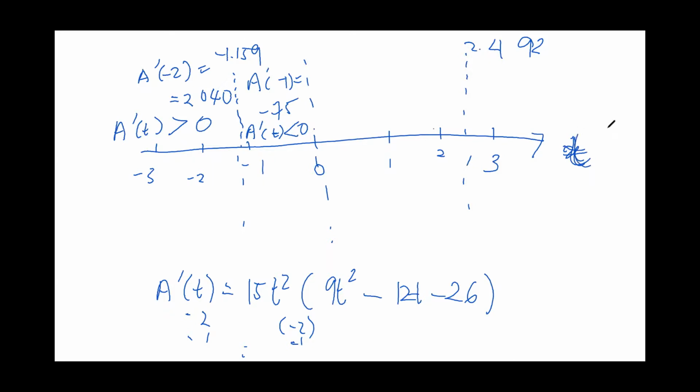Okay. So from here to here, take any value. For example, if you want to take 1, you can take 1. So you masuk t is equals to 1, and you get A prime 1 is equals to negative 435, which is actually decreasing. Okay, kenapa lambat masuk ni? Ya Allah.